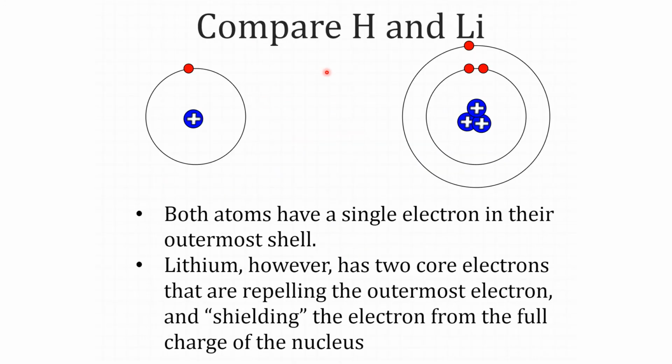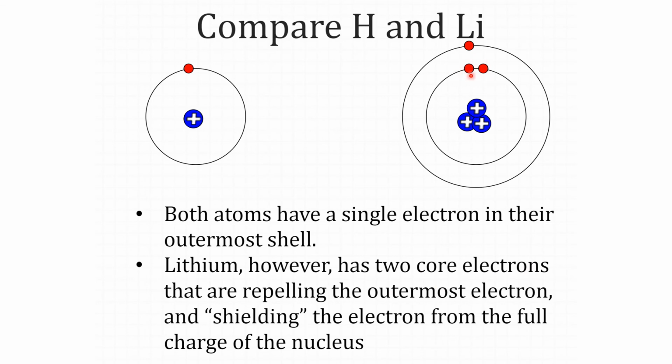Let's try to understand shielding with an example. Let's compare hydrogen and lithium. Hydrogen has one proton and one electron, and lithium has three protons and three electrons. Both have a single electron in their outermost shell, but in contrast, lithium has two core electrons.